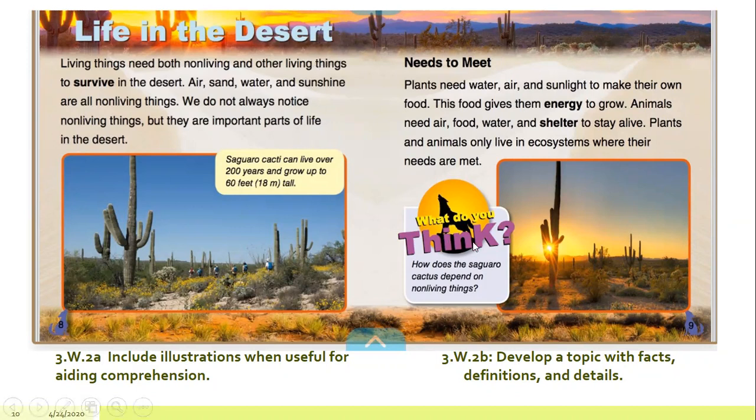Here they have, what do you think? You can also ask a question to pique their interest right here. Read the question and see if you can come up with the answer. Both of these standards, 3.W.2.A and 3.W.2.B, have been included in the book that you heard today.